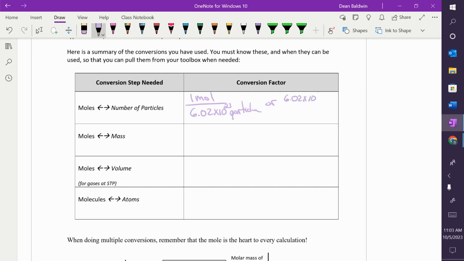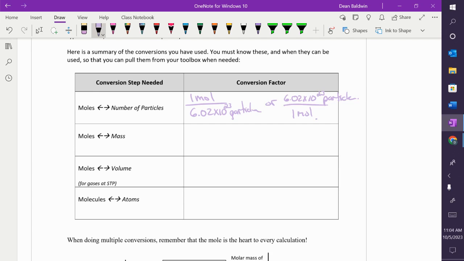6.02 times 10 to the 23 particles is 1 mole, depending on what you want to do. Then, that was Avogadro's number. The second thing we did is we did moles and mass, right? Going back and forth.